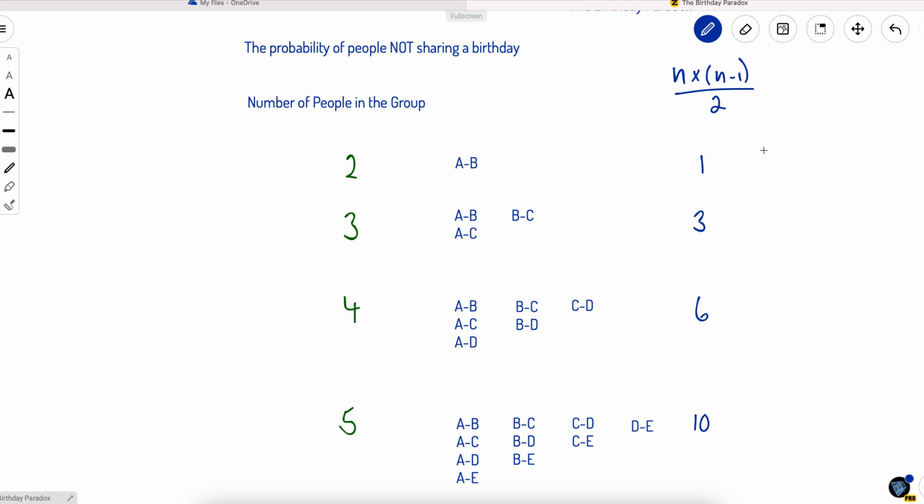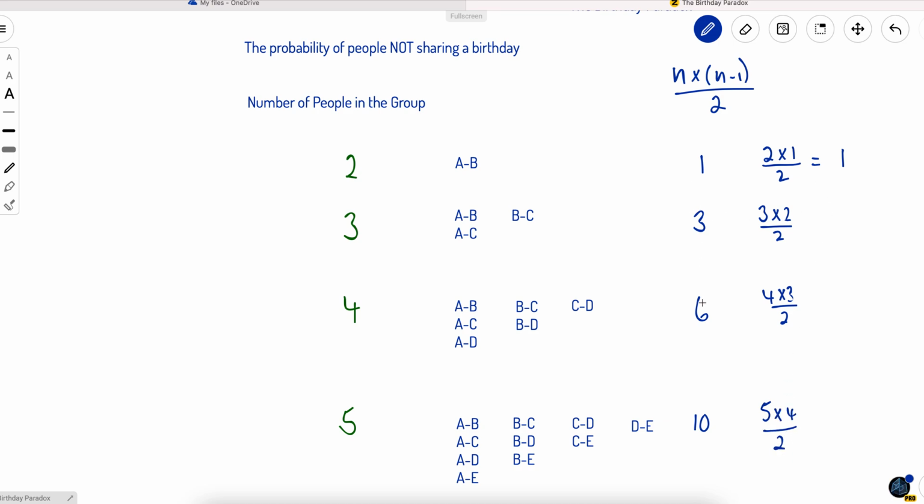If we've got 2 people, 2 multiplied by 2 minus 1, which is 1, over 2 is 1, and that's 1 here. 3 people, so we've got 3 times 2 over 2, and that gives us 3. 4 people, we've got 4 times 3 over 2, and that gives us 6, and the same with 5 times 4 over 2.